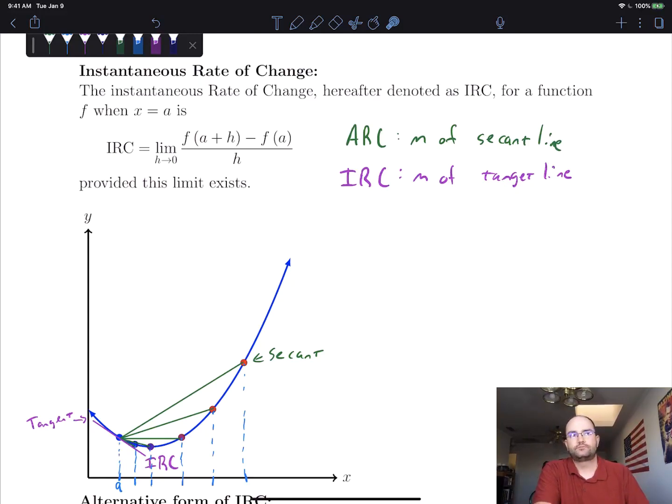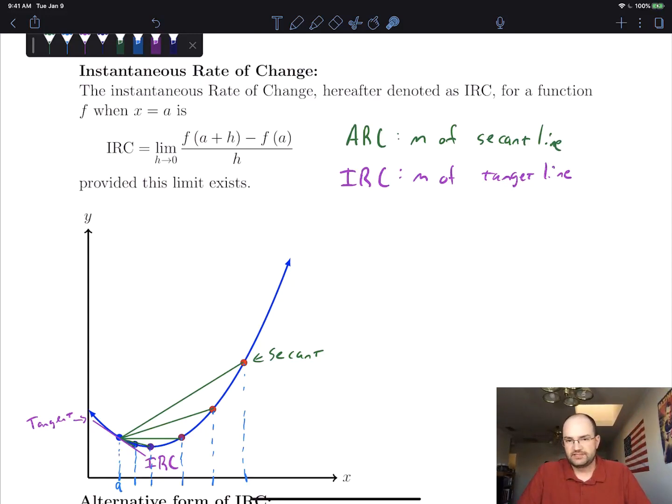That's the difference between an instantaneous and an average rate of change. The instantaneous is at every single individual point along the way, you have a certain speed. But once you look at it as an overall thing, then you have your average rate of change.